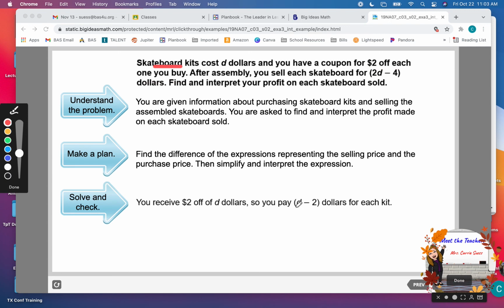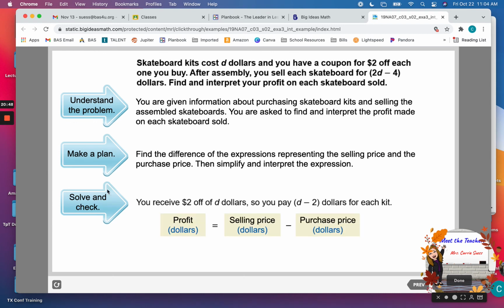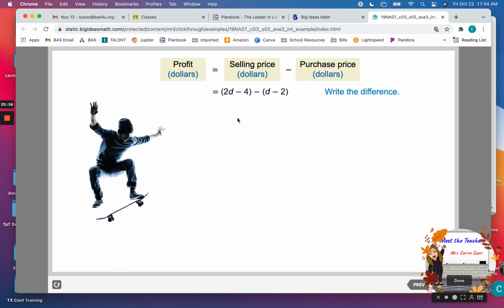So that makes the D minus 2. What are we selling them for? 2D minus 4. So that means we're going to say 2D minus 4 selling price and subtract the cost, which is D minus 2, right? So 2D minus 4 minus the D minus 2.